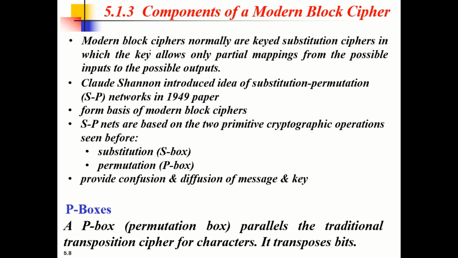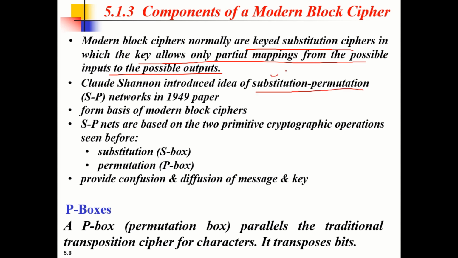So these are some components of modern block ciphers. They are the keyed substitution ciphers, in which the key allows only partial mapping from the possible inputs to the possible outputs. In this we'll be discussing two things, which are substitution and permutation.